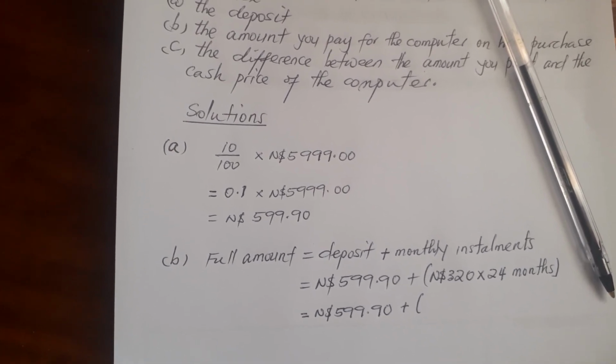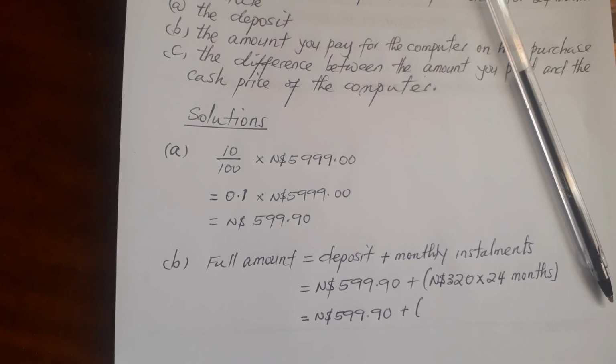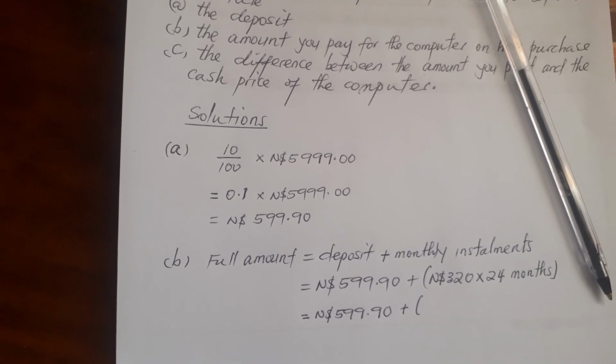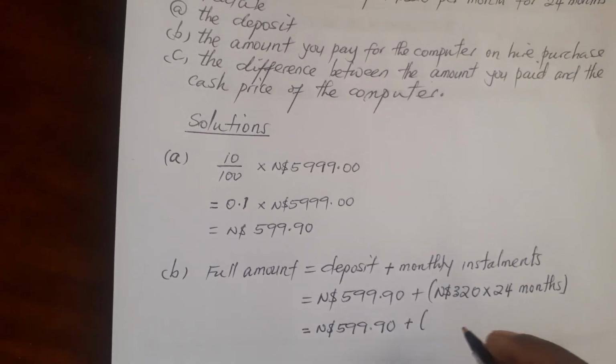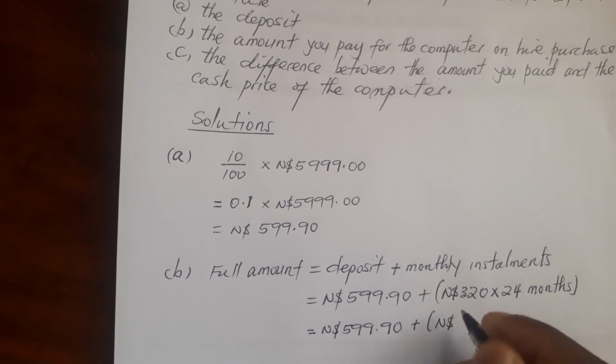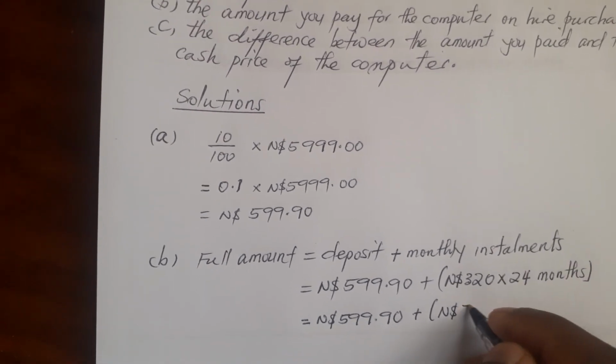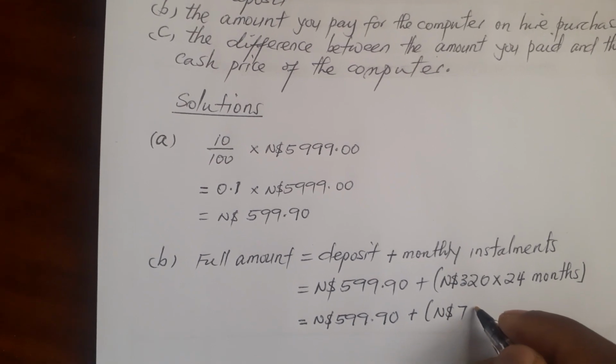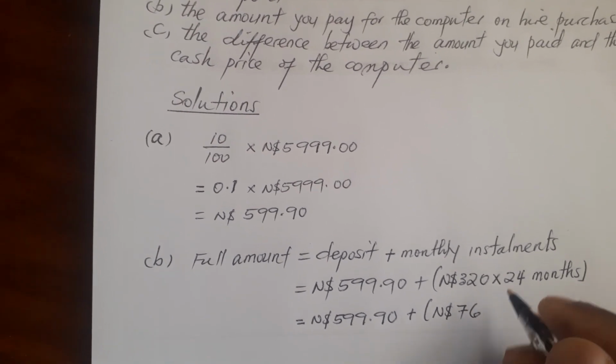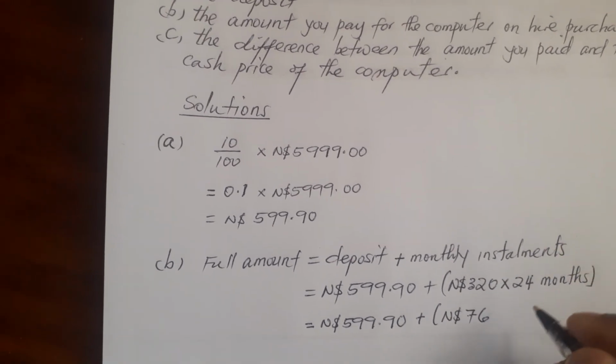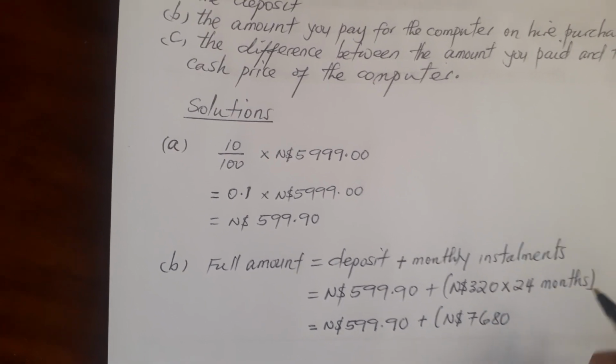You punch on a calculator 320 times 24. We should get 7,608.